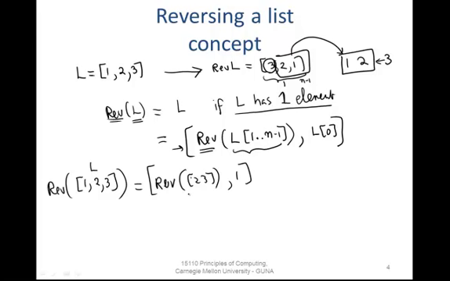But the problem is I don't know the answer to this problem. So I try to describe that again using my recursive function. My recursive definition says the reverse of a list, in this case this list, is equal to another list, unless the list is of size 1, that contains the reverse of the tail of the list. So now in this case it's a list that contains just 3.